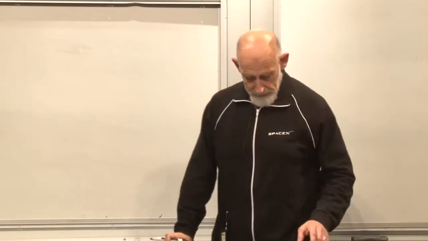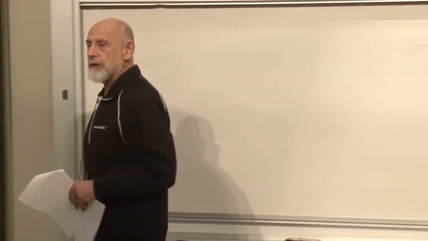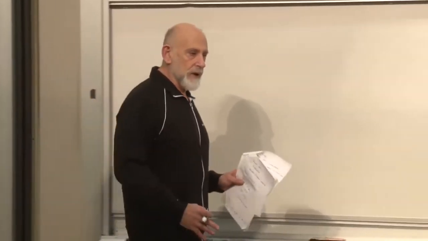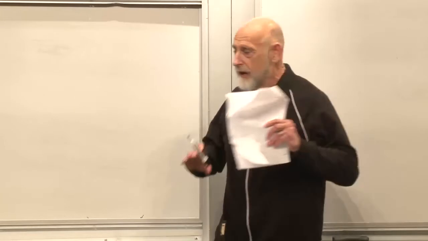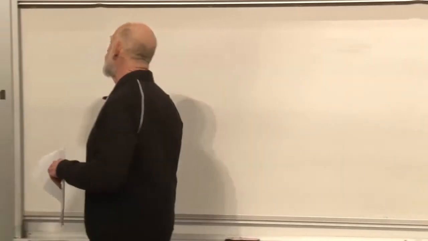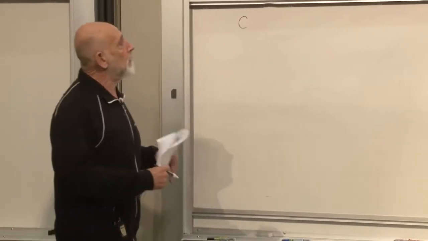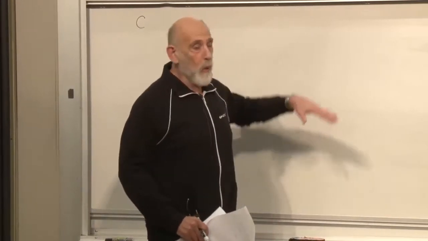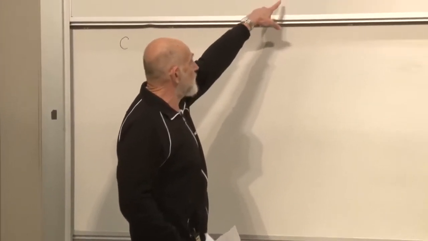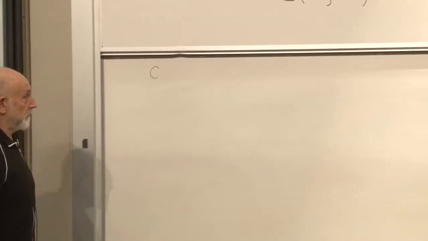Before 1900, the only constant of nature which appeared in the theory of light and in the theory of radiation was the speed of light, c. So that's all there was, c. And now you can use simple dimensional analysis to ask what must be the formula for the intensity as a function of T and nu, and you get an answer.